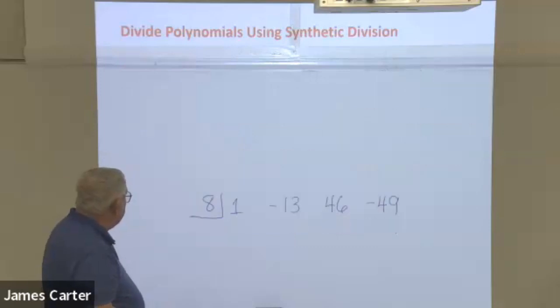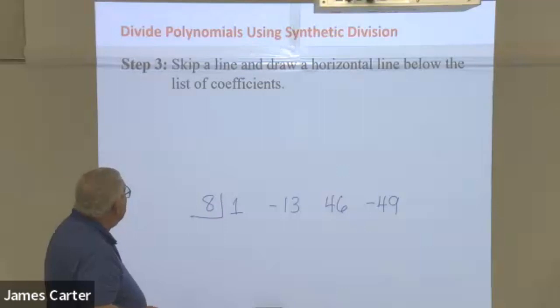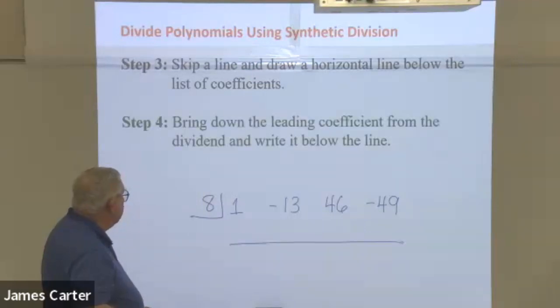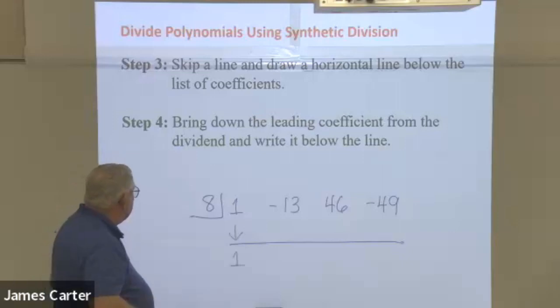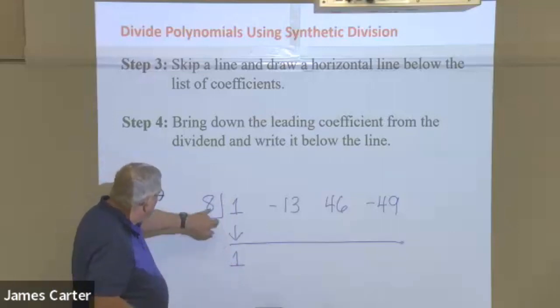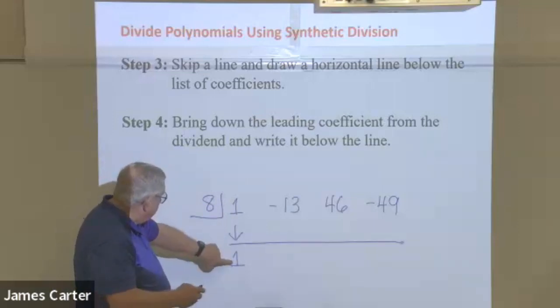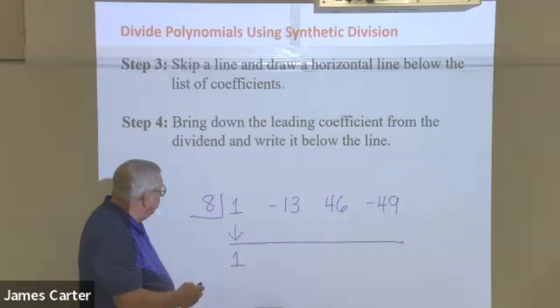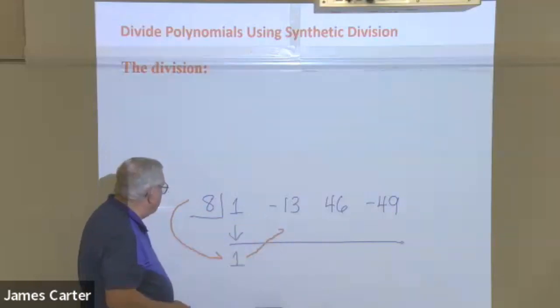Okay, now for the process of synthetic division, you draw a horizontal line below, an addition line, if you please. First step is we just bring down the first term. Now we're going to take our divisor times that first term to get our value here.